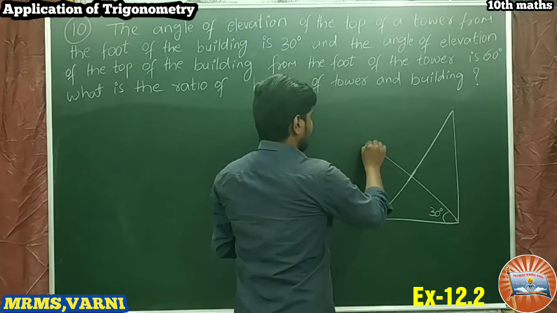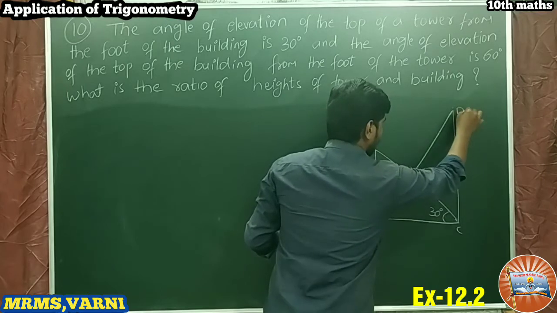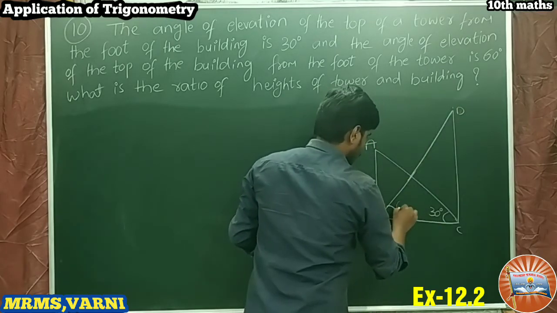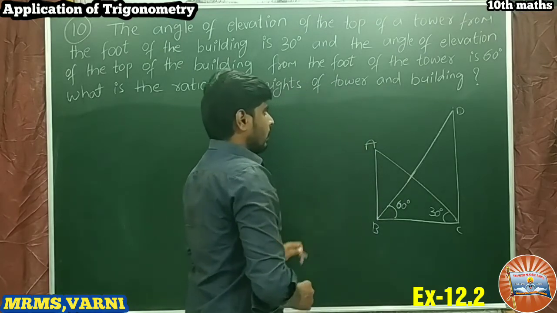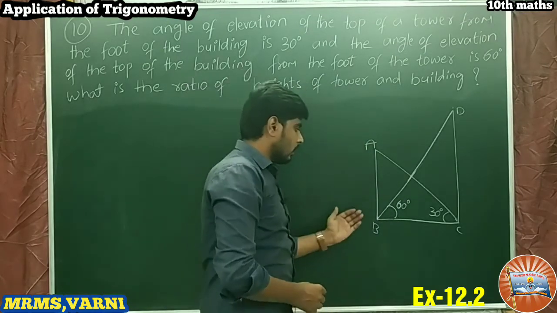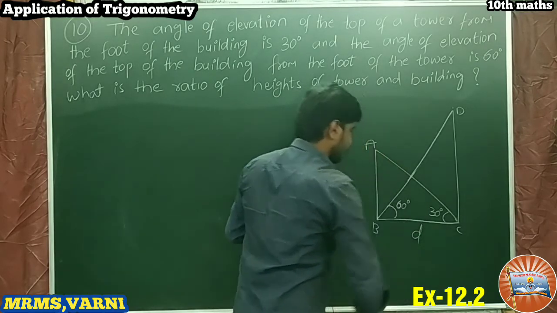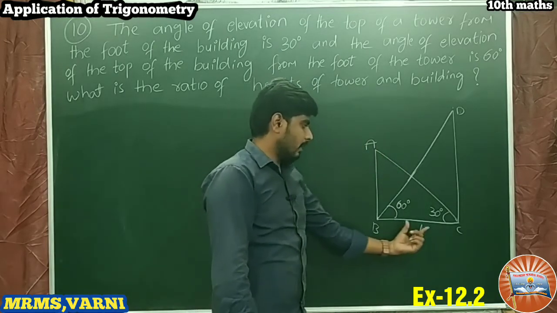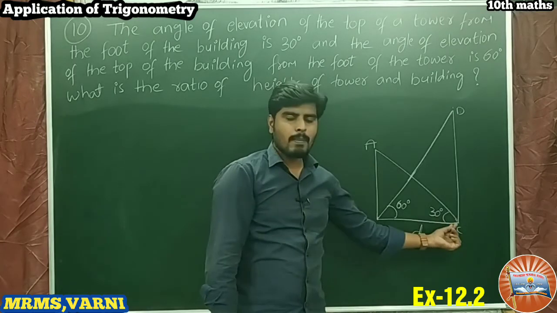Let us give names A, B, C, D. This is the 60 degrees angle of elevation. So let us consider the distance between the tower and the building is D. Okay, the BC length is D, nothing but the distance between the tower and the building.